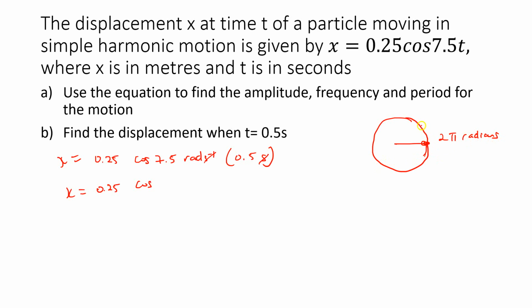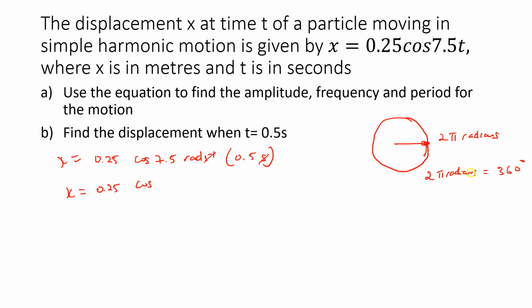That just speaks to you completing the entire circle. Once you complete the entire circle, it means that 2 pi radians is equal to 360 degrees. So radians is another way of representing angles.